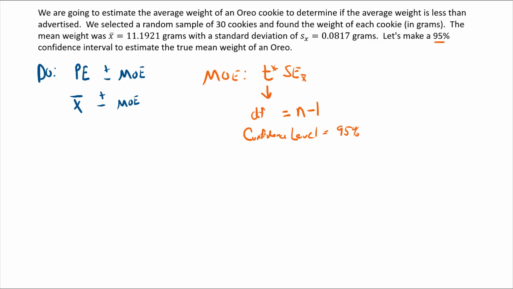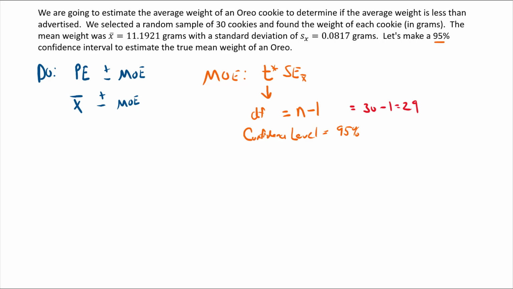So for our degrees of freedom, in this case, our sample size was 30. Subtract 1, of course, we're going to get 29. And our confidence level is going to be 95% still, not changing anything to that.